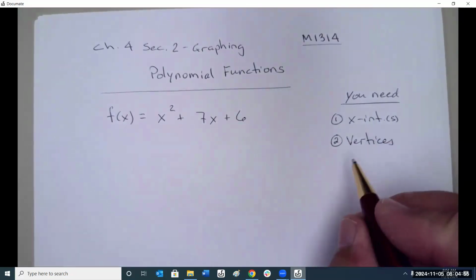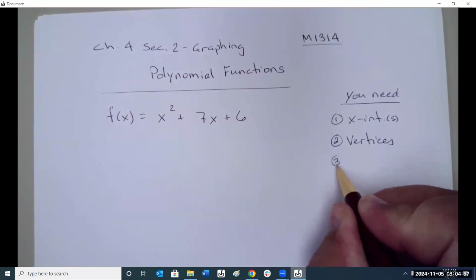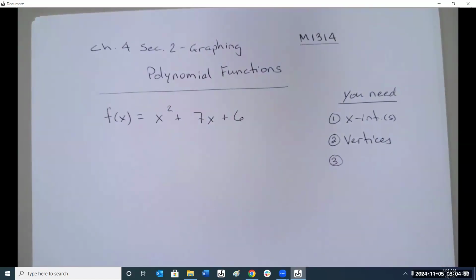What else can you find out? What else do you need? Three more things, minimum.